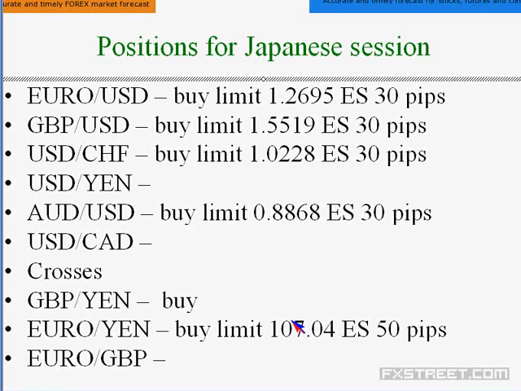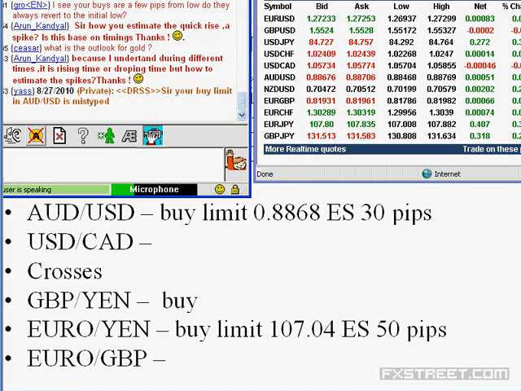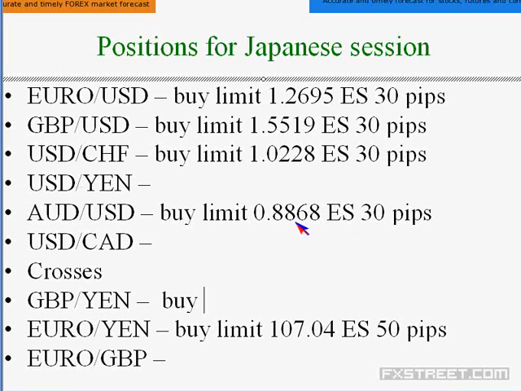Then similarly, because Euro, GBP as well as USD Yen are making the contrarian move, I'll try to take a buy limit order in the case of GBP Yen. 130.80 is the low, 131.553 is the high, which is the current level.